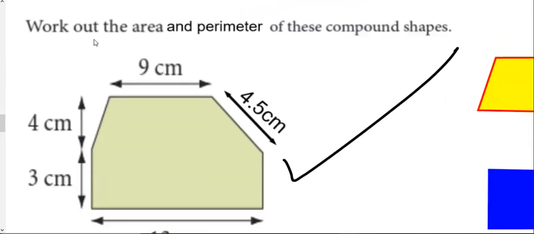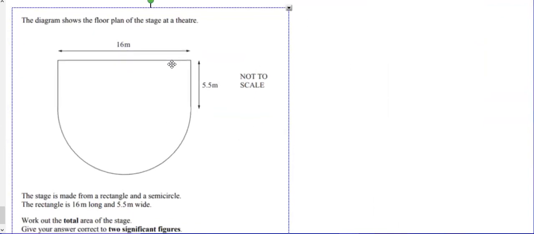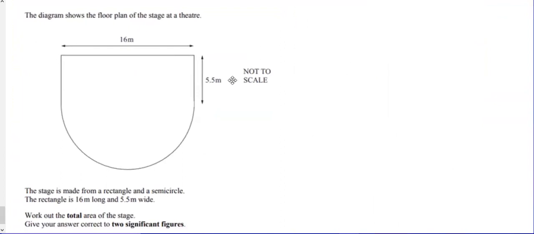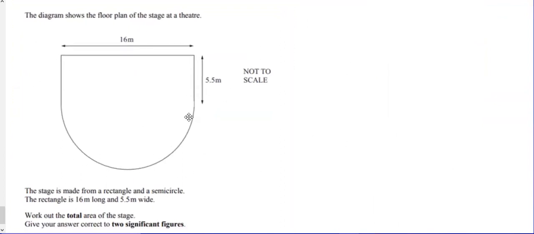How about this question? This also you find area and perimeter. How about this one? This one here has its own instruction. So you read all this instruction, and then try to do that question.